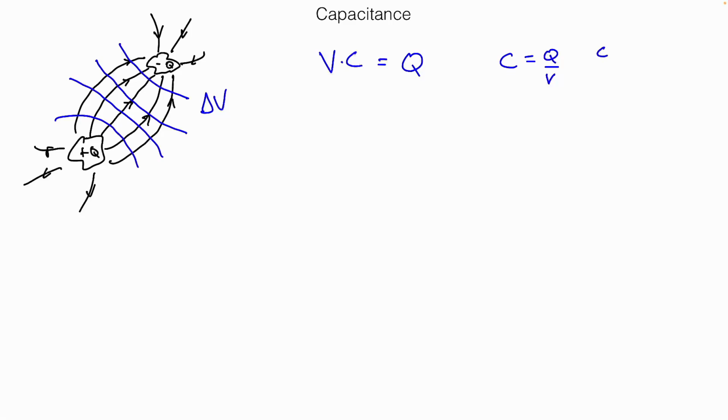This is a coulomb divided by a volt. Okay, brackets meaning units here. We're going to give that a new name. That's going to be called a farad. The units of capacitance are farads, after Michael Faraday.